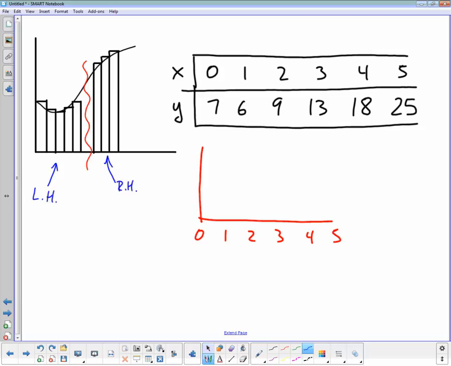So at 0, I'm at 7, and I'm just going to eyeball this. I don't know where it is or what it looks like, but 1 will be 8, maybe a little less. 2 will be 9. 3 would be 13. 4 would be 18. 5 would be 25.